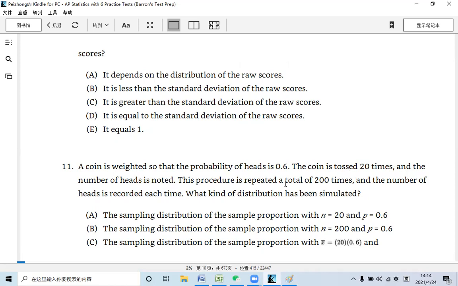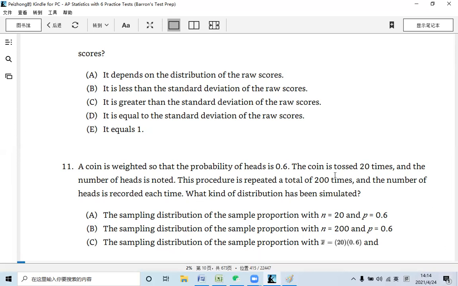This procedure is repeated a total of 200 times, and the number of heads recorded each time. What is the procedure?